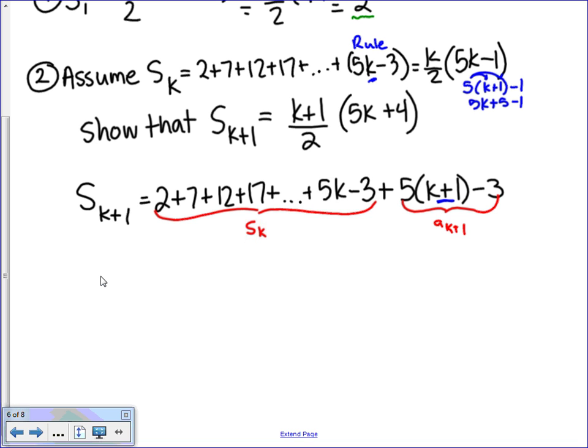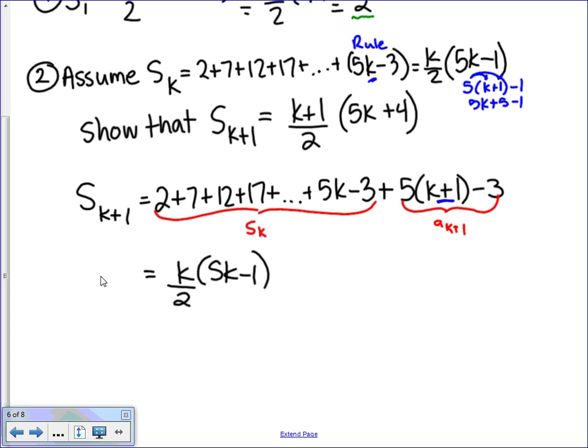Okay. We can say S sub k is really what? We assumed up here that S sub k was, in fact, k over 2 times 5k minus 1. All of those things we assume add up to that value. So we say equals k over 2 times 5k minus 1.